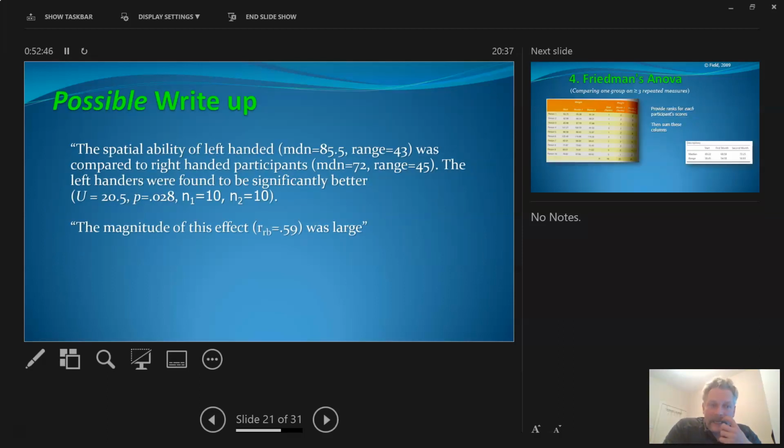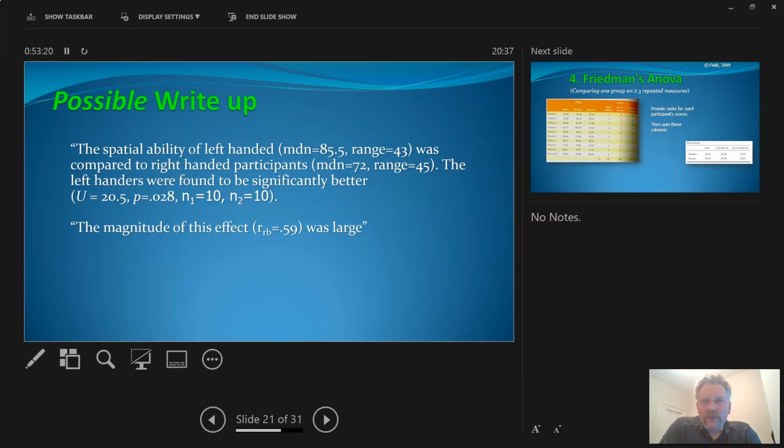So again, to write it up, remember we can just give a brief recap of the study, what the design considerations were. We can use our descriptive statistics to pinpoint and identify an apparent difference in performance. So again, we can see here I've done that for left and right-handed people. Just to throw things into the mix here, rather than reporting the median and IQR, I have reported the median and the range here.